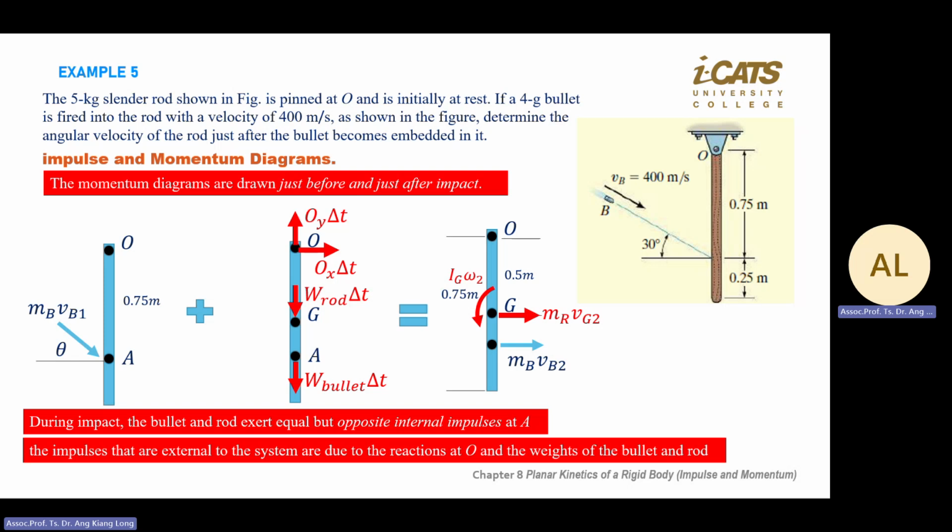Okay, during impact, the bullet and rod exert equal but opposite internal impulse at A. The impulses that are external to the system are due to the reaction at O and the weight of the bullet and rod.